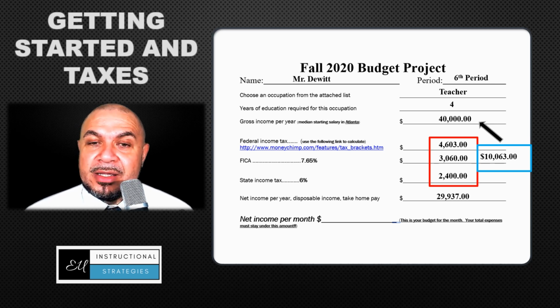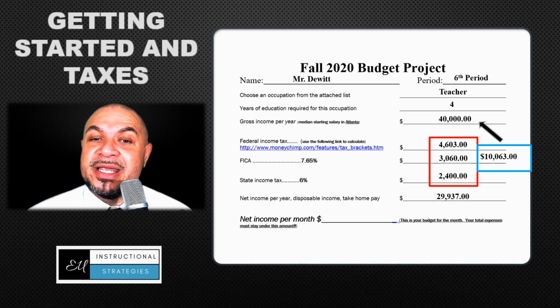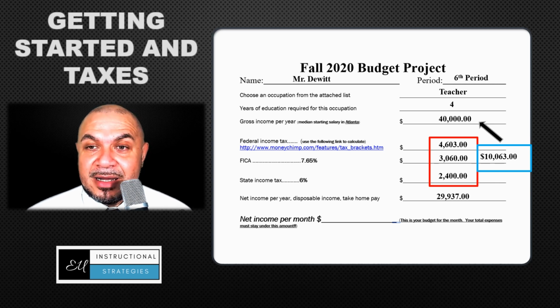So after we arrive at this point, we're almost done. We're trying to find our magic number, the net income per month. That is the number that we're going to use throughout the entire budget project to buy everything we need, covering all expenses. So the way that we do this, net income per month, we have to take our net income per year and divide that number by 12.